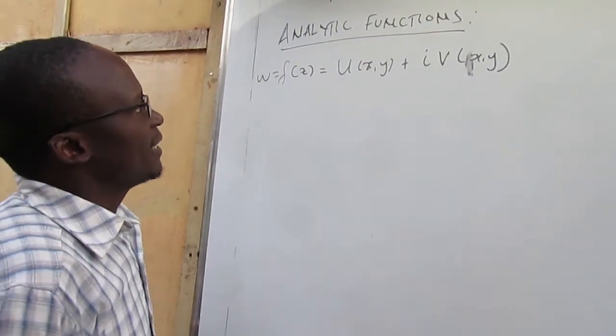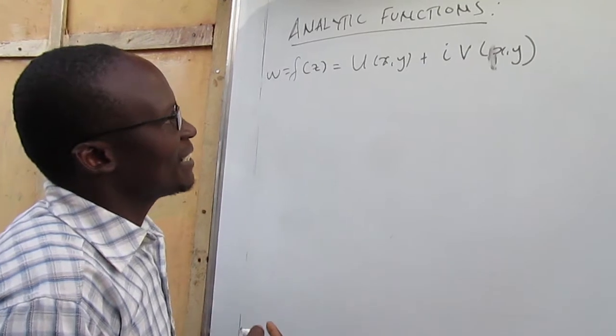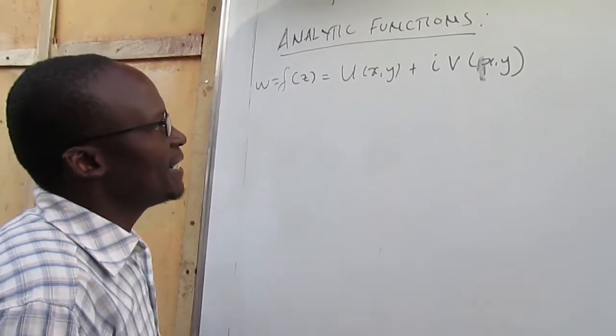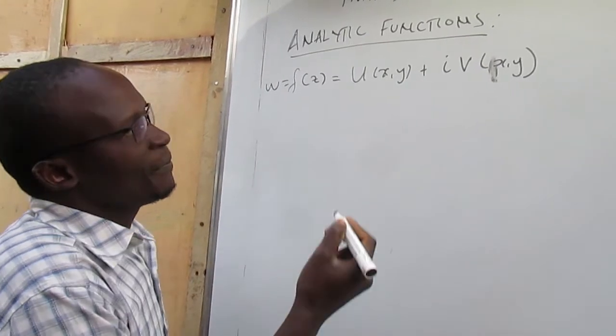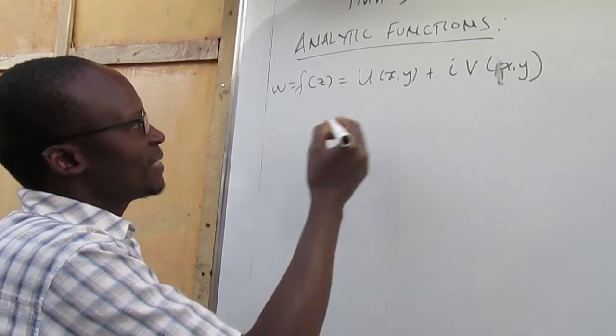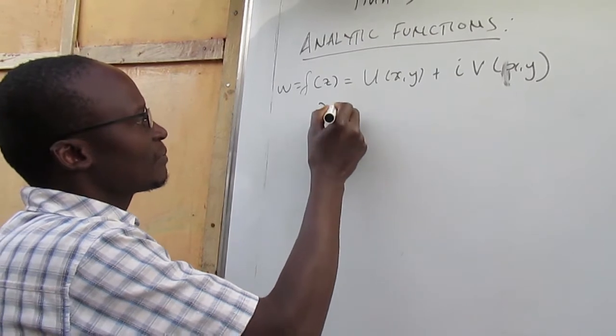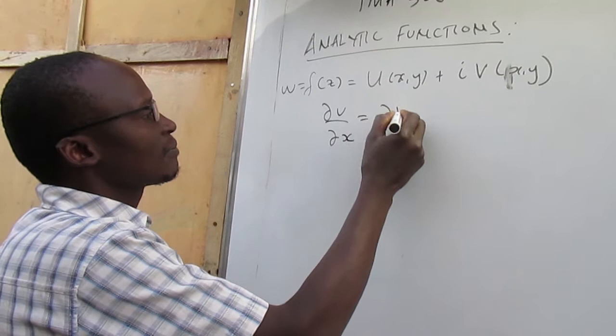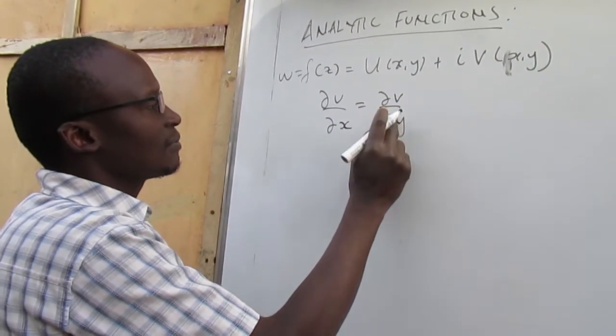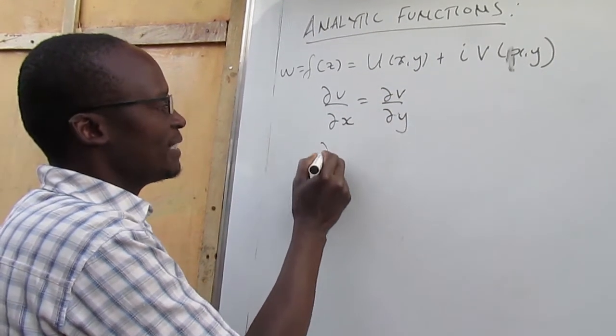And so, in order to fully discuss analytic functions, we need to know the Cauchy-Riemann equations. Now, recall that we have said that the Cauchy-Riemann equations are these relations. So these are partial derivatives.